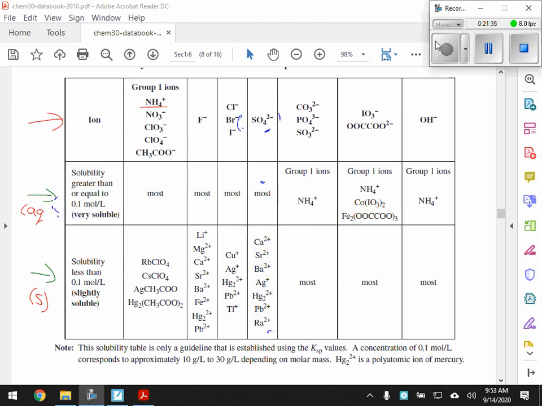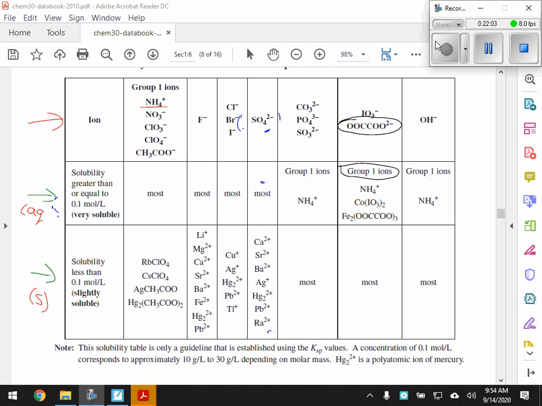So if we find oxalate across the top, OOCCOO 2 minus, yes, that's right here. So there's my oxalate ion, and I have to find calcium 2 plus. So I look down here, and you have to be a little careful. This is group 1 ions, yes? So group 1 ions would include things like lithium, sodium, potassium, rubidium, cesium, francium. Okay, it's not that, so we don't have to worry about that. Here's NH4 1 plus.